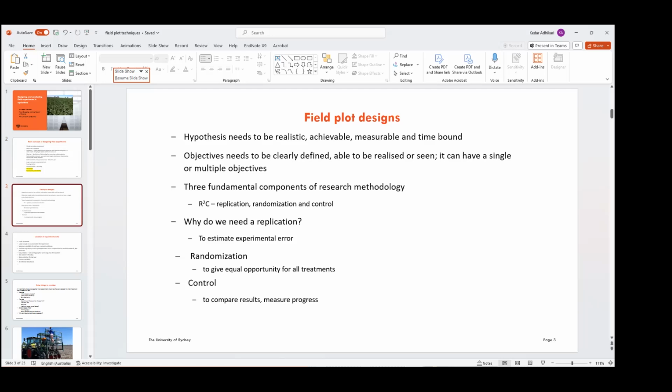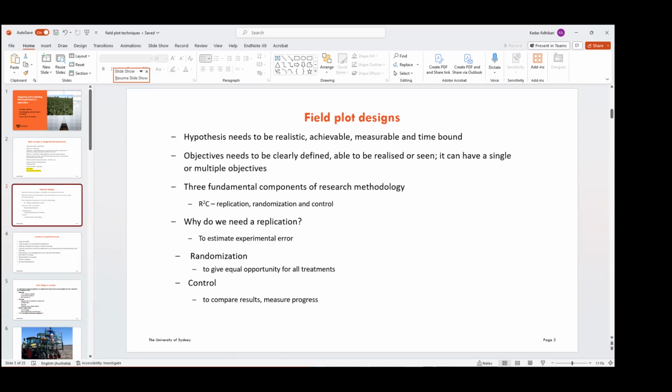Why do you need replication? To estimate experimental error. If an experiment doesn't have any replication, then it's not valid because you cannot test properly. It doesn't have the error component of variance.